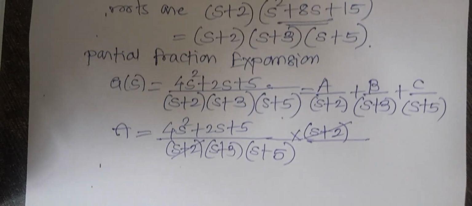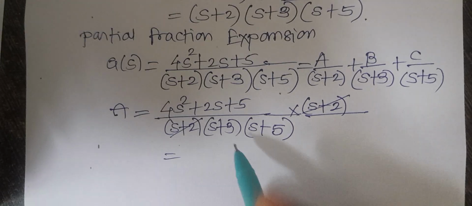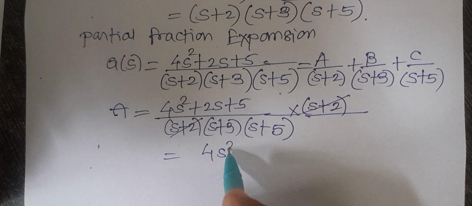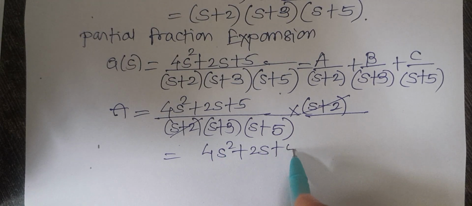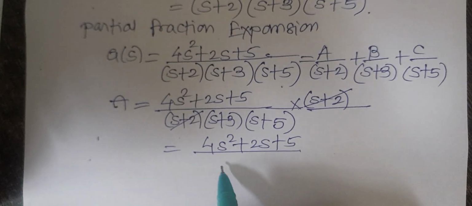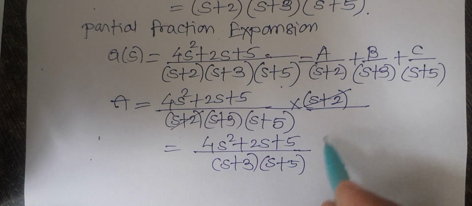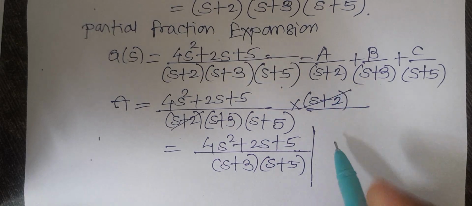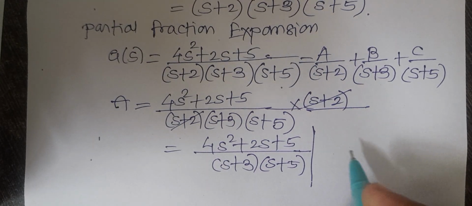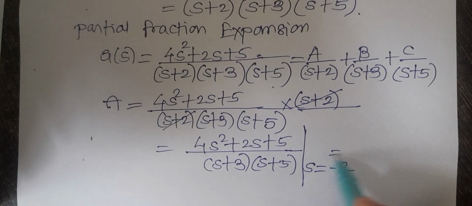The remaining is 4s square plus 2s plus 5 divided by s plus 3 into s plus 5, and we put s is equal to minus 2.